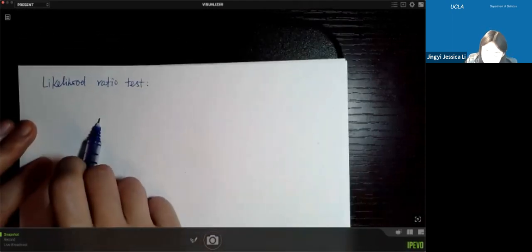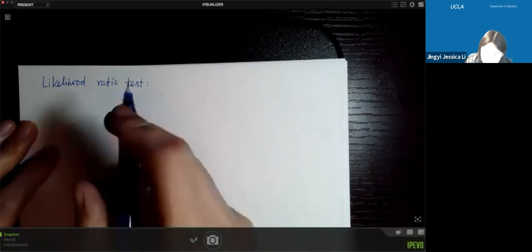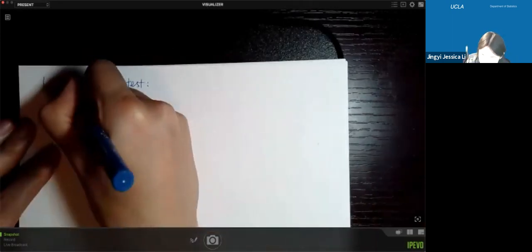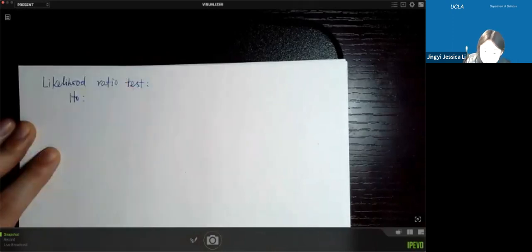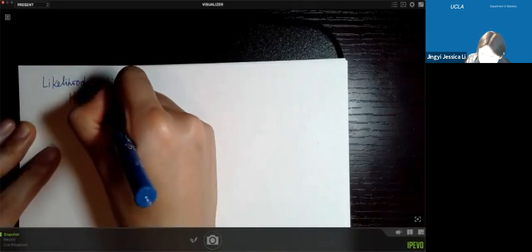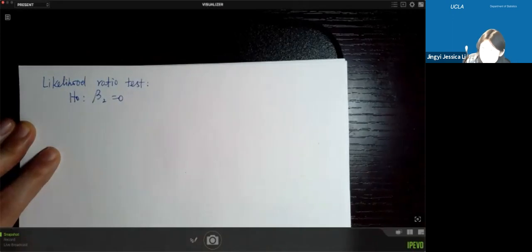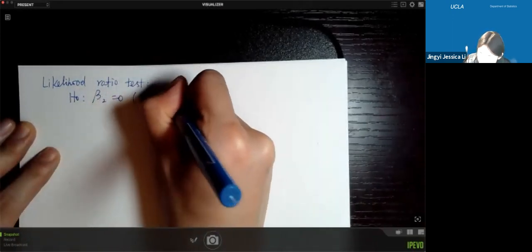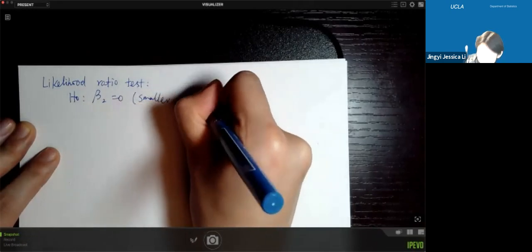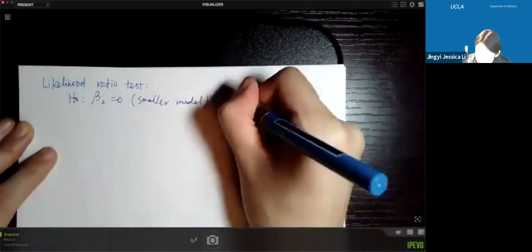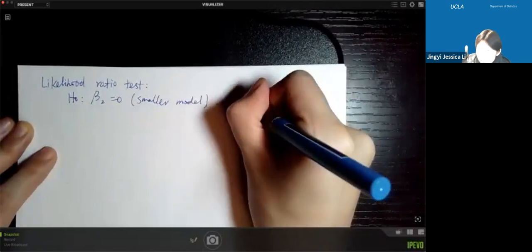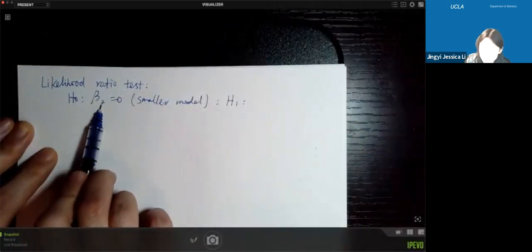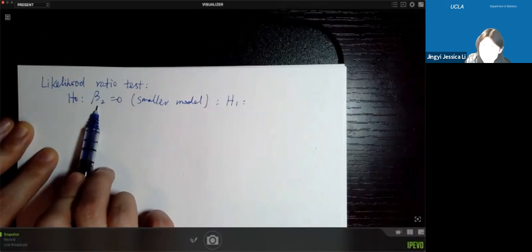So let's think of the likelihood ratio test statistic. H0 is beta 2 equals 0. This can be considered as a smaller model, because we are basically saying that the predictors corresponding to those coefficients are not needed.